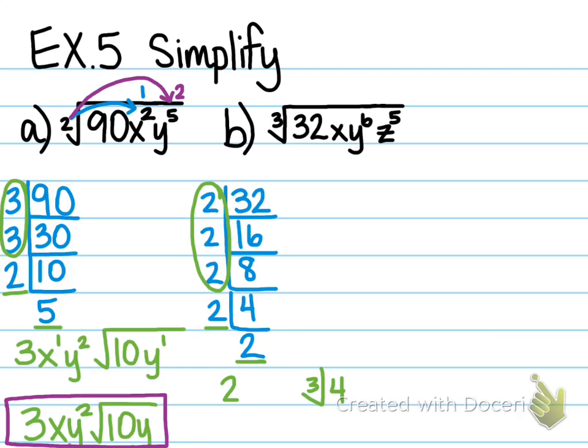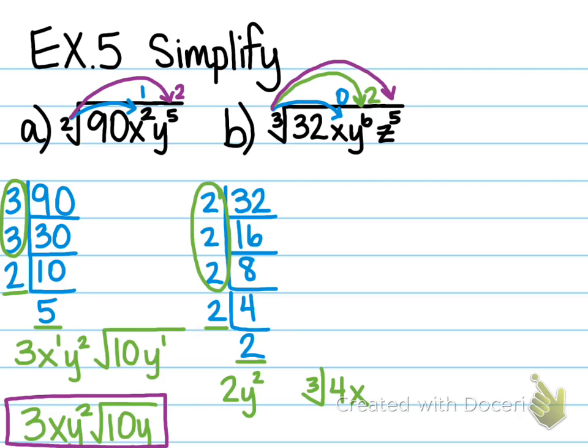Now let's do the variables. For the cube root, I want to see how many times 3 goes into 1 for the x to the first power. Well, 3 doesn't go into 1, so that's 0 times, so that x has to stay inside the radical. Then for the y's, 3 into 6 goes 2 times and no leftovers. So that's a y squared on the outside.